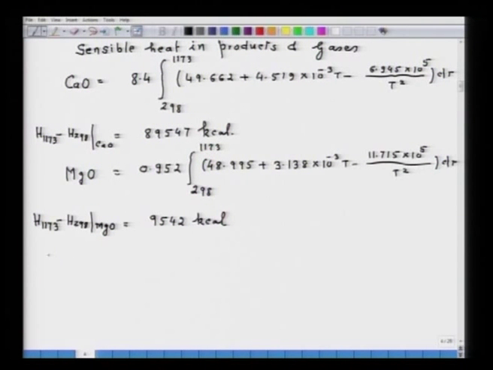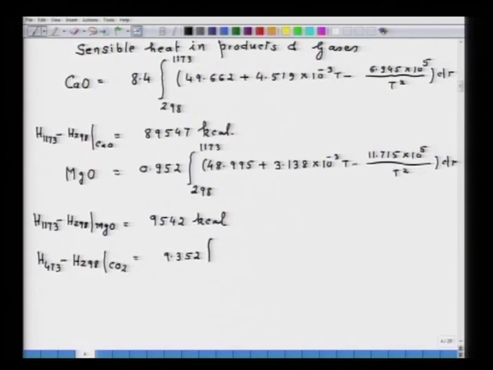Then I have to calculate, now the gases are discharging at 473 Kelvin. So, I have to find H 473 minus H 298 for CO2. The moles of CO2 are 9.352.